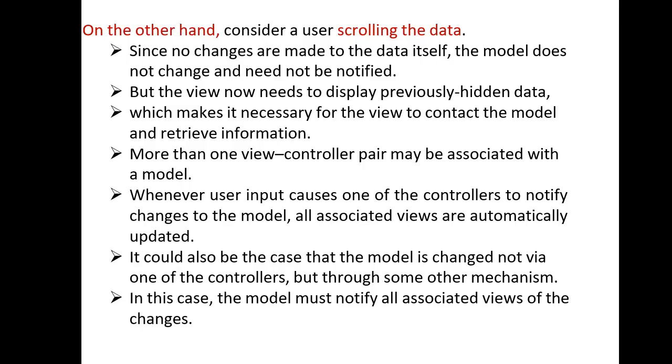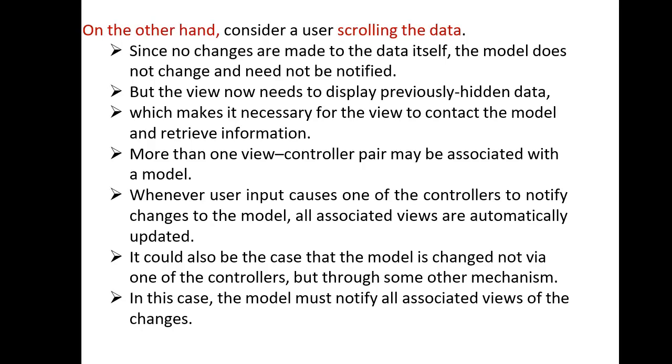On the other hand, consider the user scrolling the data. Since no changes are made to the data itself, the model does not change and need not be notified. But the view now needs to display previously hidden data, which makes it necessary for the view to contact the model and retrieve information. More than one view and controller pair may be associated with a model.